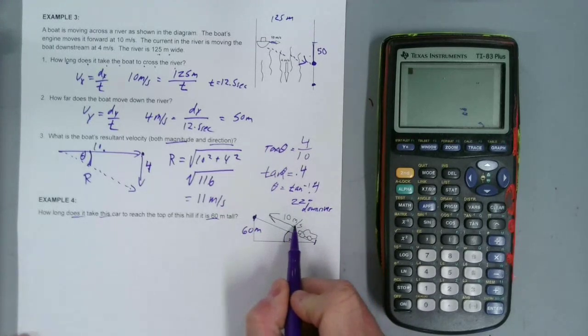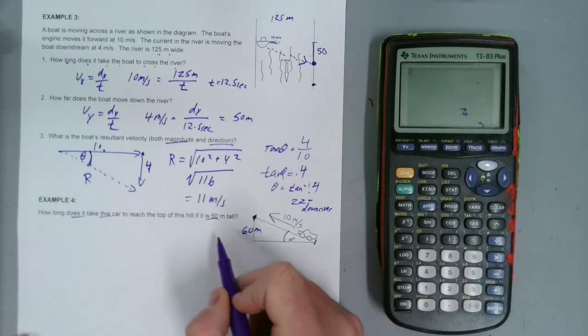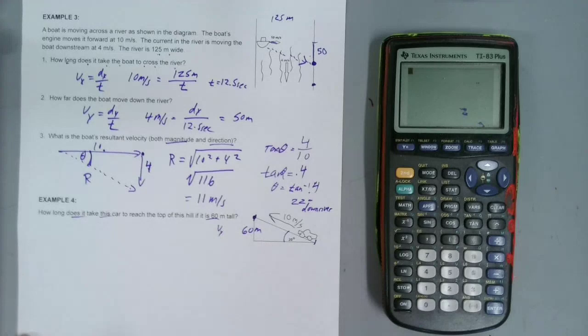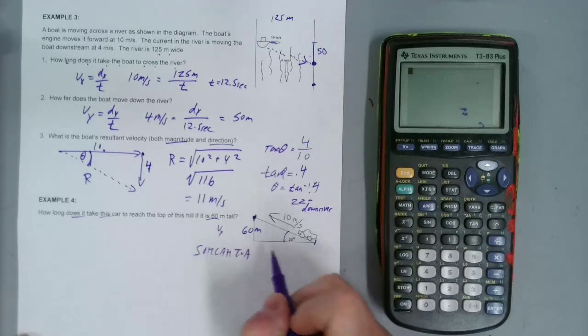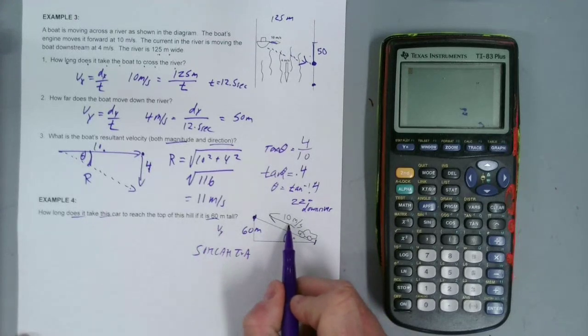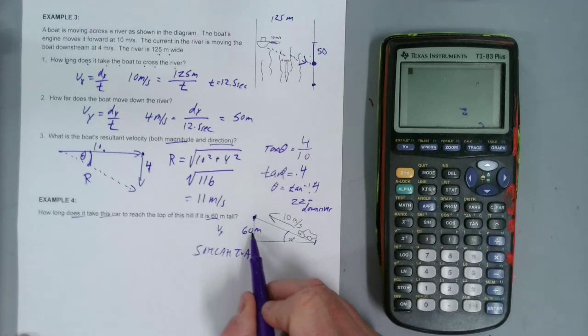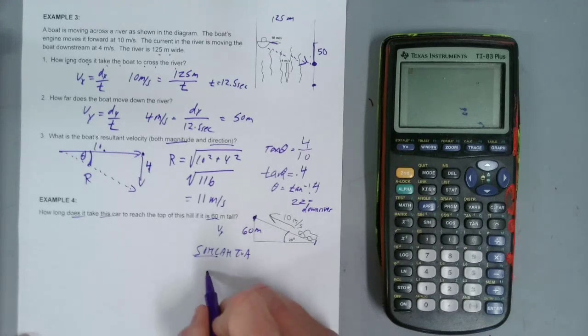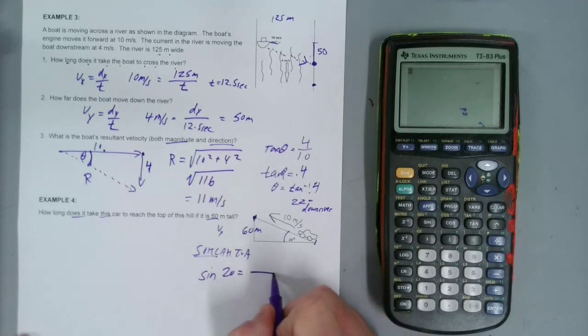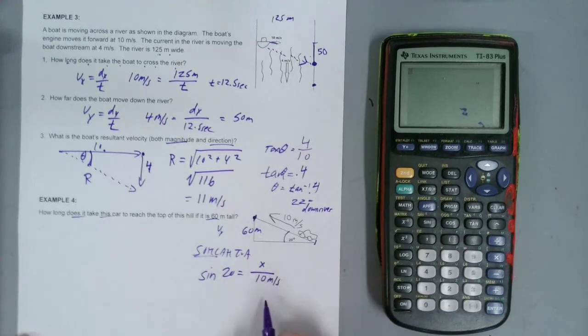Well, if I know that this velocity is 10, can I figure out the y velocity? Go back to my SOH CAH TOA. I know my hypotenuse is 10. This is the opposite side from the angle. So I'm going to look at my sine function. The sine of 20 is the opposite over the hypotenuse.